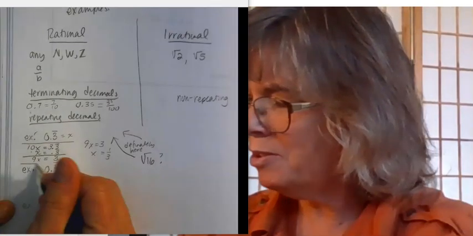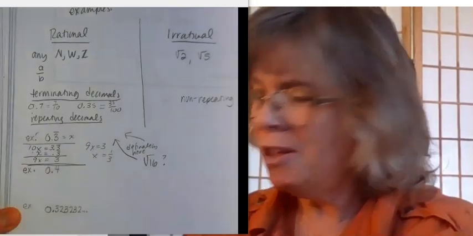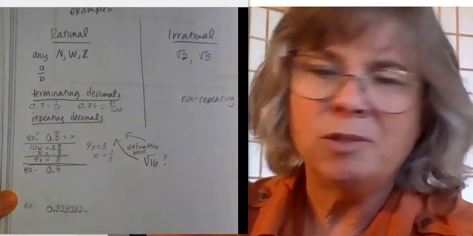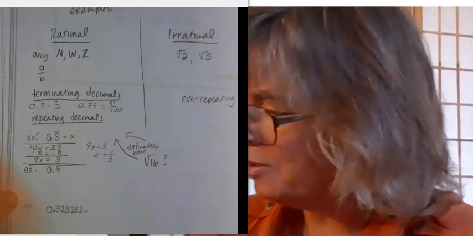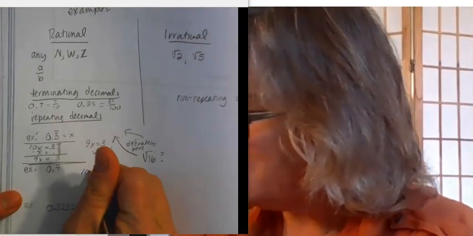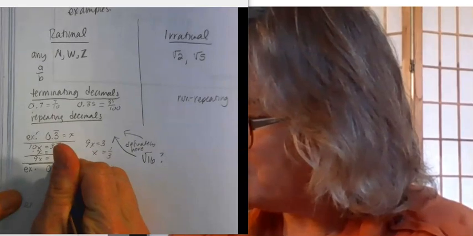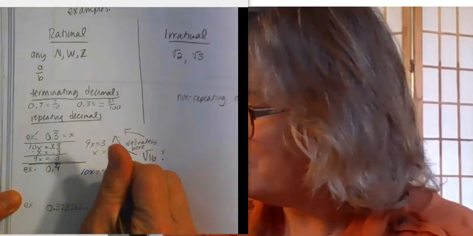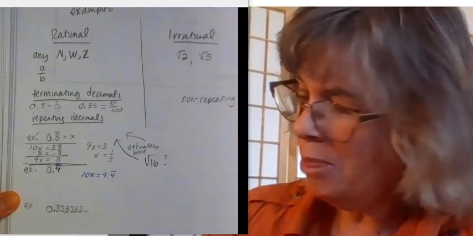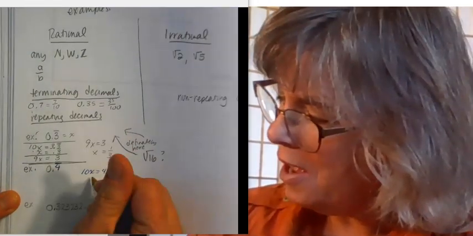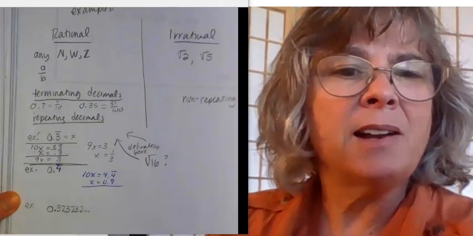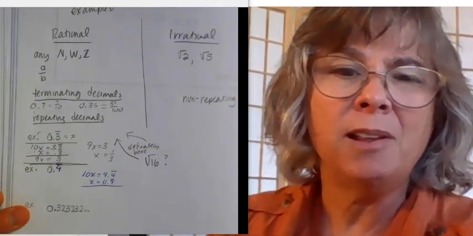So let's do this with something else. So 0.4, if I start with, and I had to do this in another color so you can see my notes will look better. Let's say, okay, then 10x, if this is 0.4 repeating, so 10x is going to be 4.4 repeating, and x is 0.4 repeating. When I subtract, that repeating part, the 0.4 repeating, disappears.